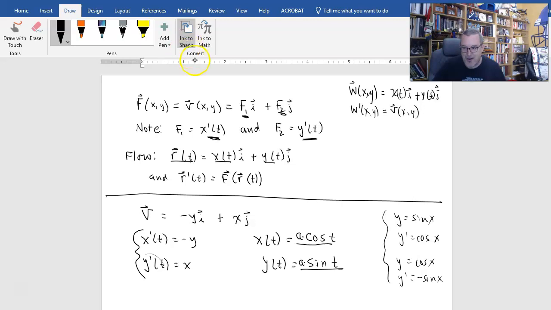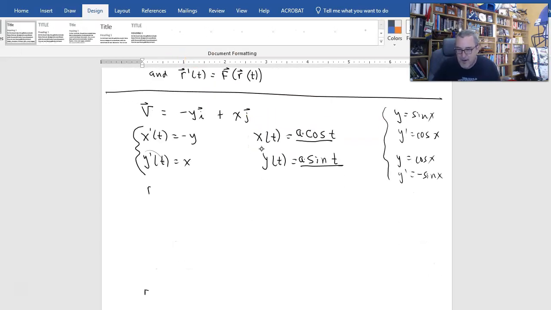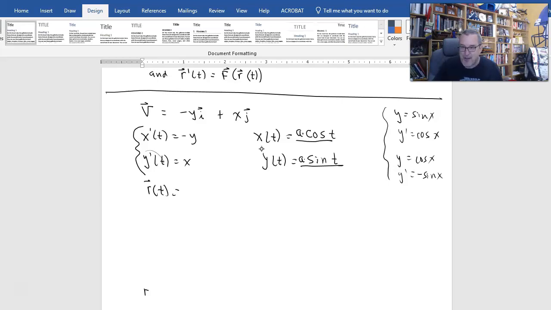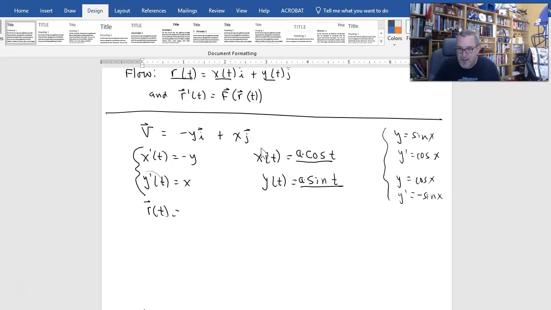So our flow in this case, our r of t that we're looking for, is x of t i, so a cosine of t i, plus a sine of t j. Now, back to this. See if this makes sense.